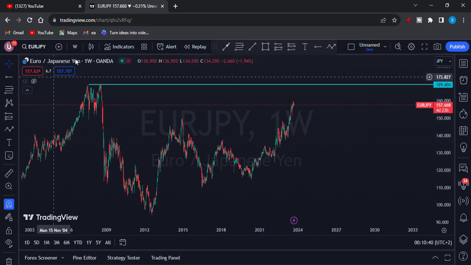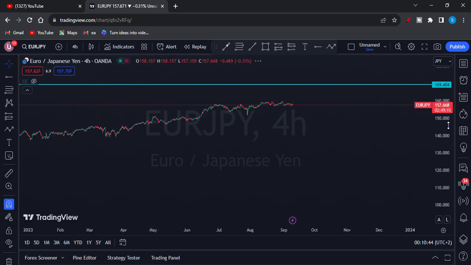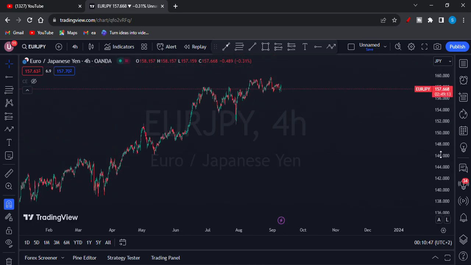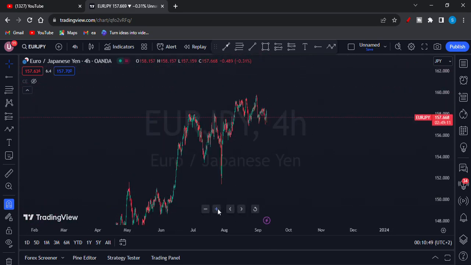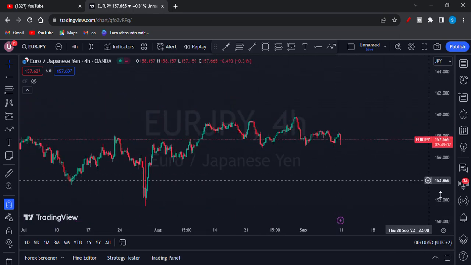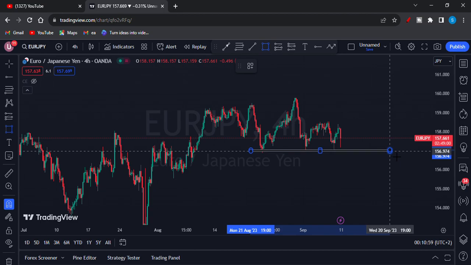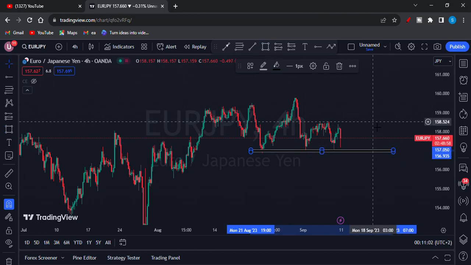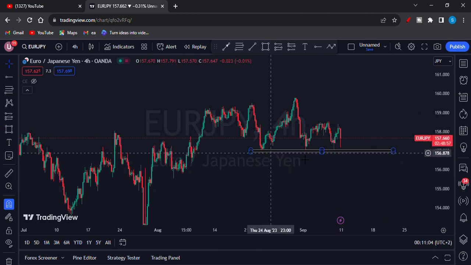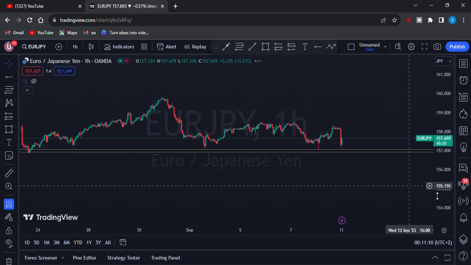And then let's go to our 4-hour. Then let me blow up this. On a 4-hour, we have this zone right here, this support area here, here, and even here. So let's go to hourly.